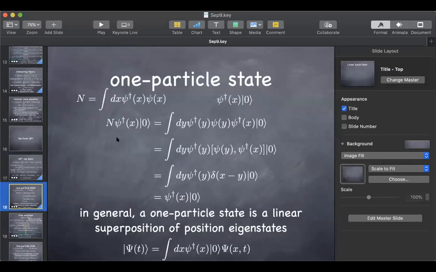You first create a one particle state, and you can verify that it's a one particle state because it's an eigenstate of this number operator, psi dagger psi integrated over x. That's the generalization of a dagger n summed over all sites in the case of the lattice. And I told you already that an arbitrary one particle state is given by a linear superposition of this one particle state weighted by this wave function capital Psi.